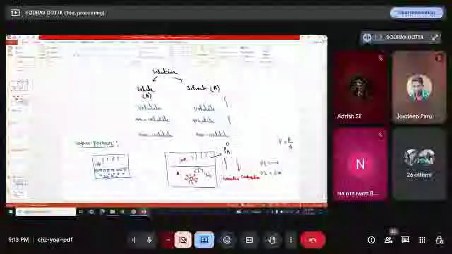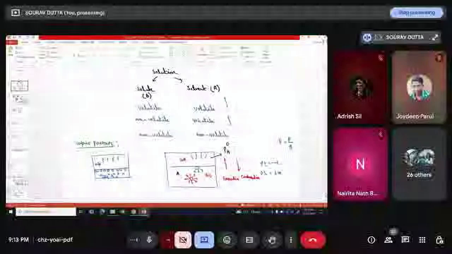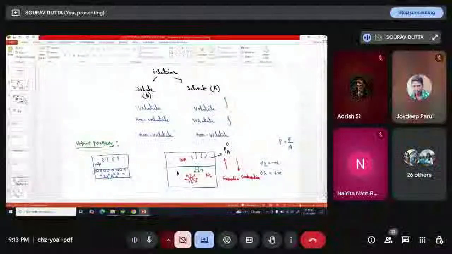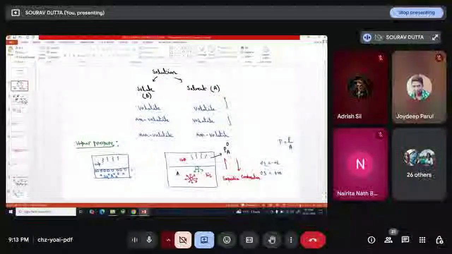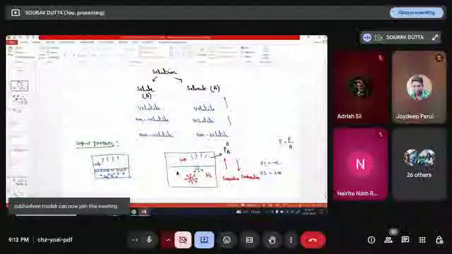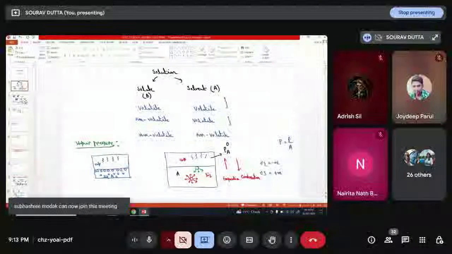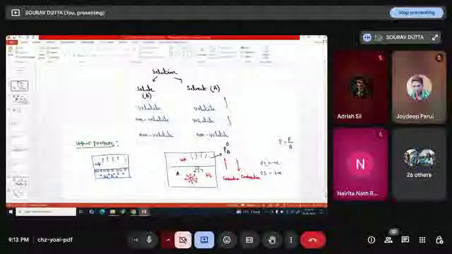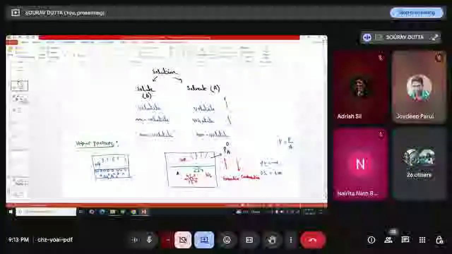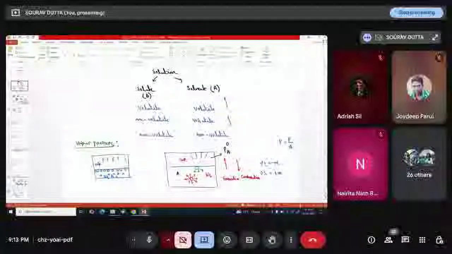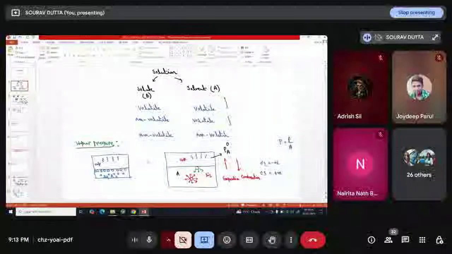So the molecules which are present near the surface, those molecules are more free. So those molecules can easily move from the liquid phase to the vapor phase, because this process is entropically favorable. So there is a possibility of vaporization.